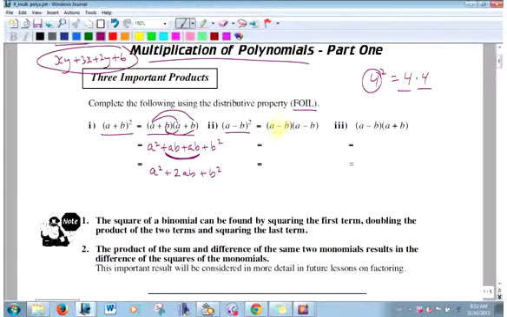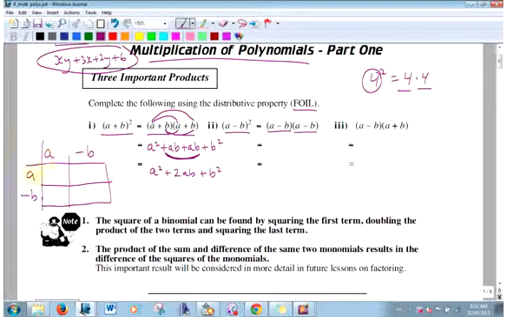FOIL. Again, there's 4 different ways to do this. If you like the area, you know what? Let's do the area diagram. So I got a minus b times a minus b. I'm going to write a minus b, a minus b, okay? If you like your little grid, do your little grid. Hey, you can even totally box it in if you want. I got to fill all 4 spaces. When I multiply a binomial by a binomial, I get 4 terms. There they are. What's a times a? A squared. What's negative b times a?